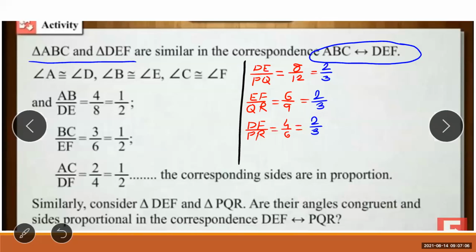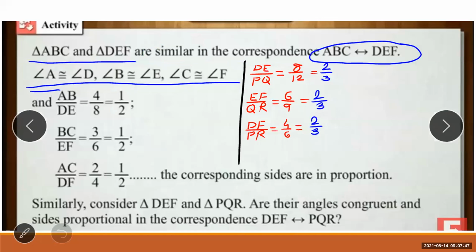Now, if the triangles are corresponding to each other, then their corresponding angles are congruent to each other. If the triangles are similar and corresponding to each other, then their angles will be congruent to each other.